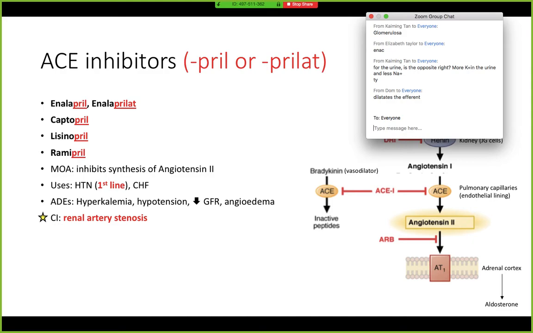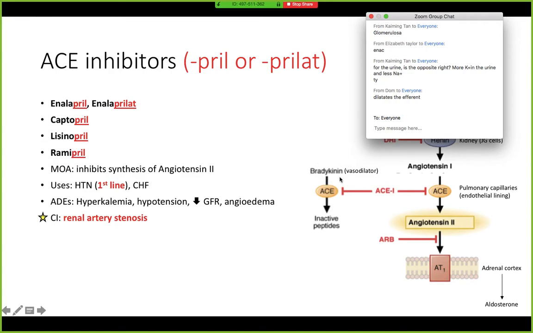Afferent. Right, so it's going to dilate the efferent, or you lose the efferent arteriolar constriction that you would see with angiotensin 2.